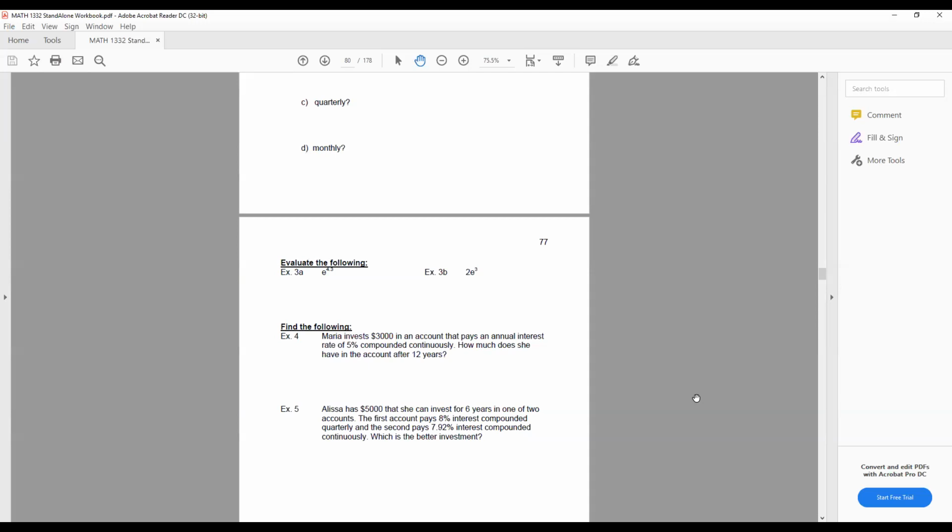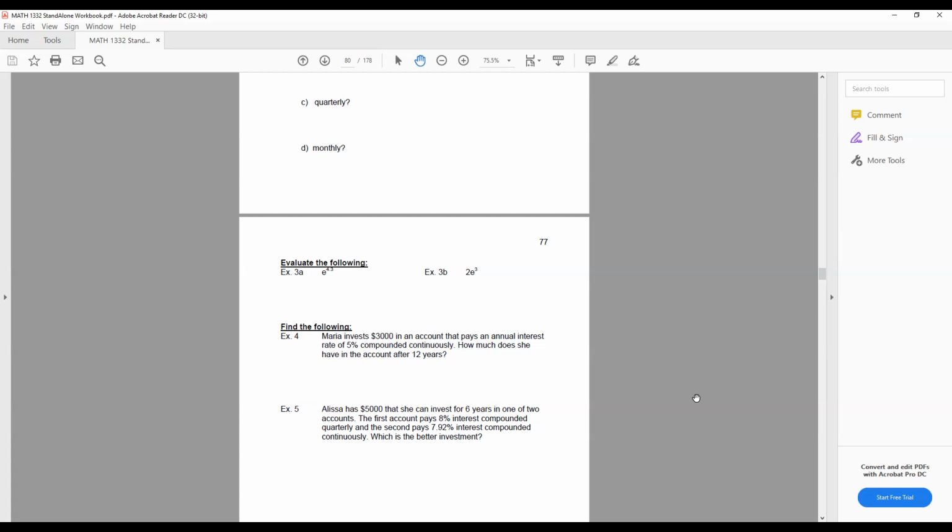Example 4 says if you invest 3,000, so P is 3,000. R is 5%, which is 0.05. Compounded continuously, so that tells us use the PERT thing.